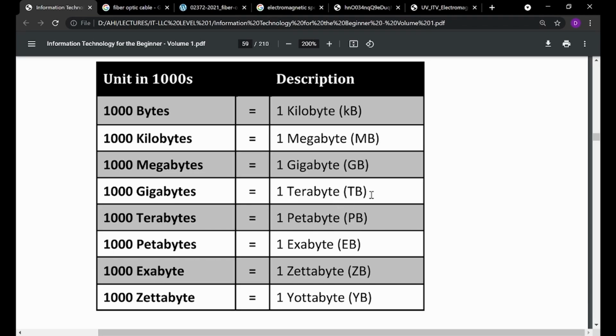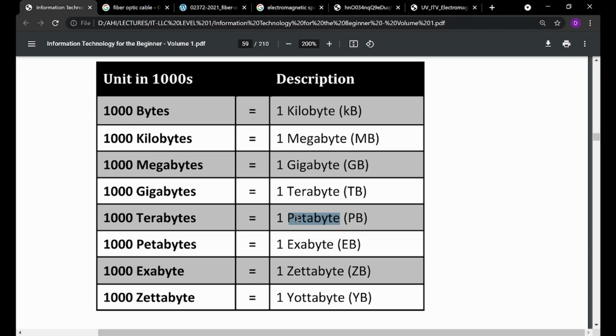In PC, we end our storage at terabytes. For personal computers, we don't go beyond terabytes. But for mainframes and supercomputers and some servers, they may operate in petabytes.